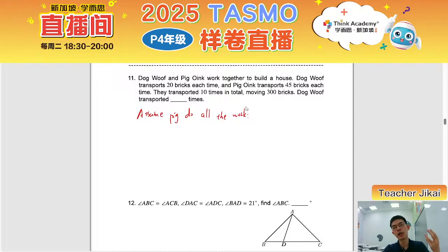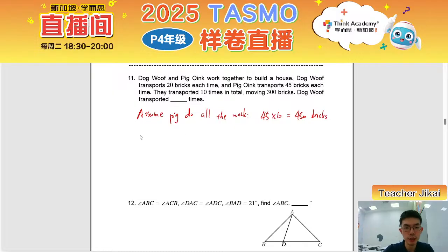So they transport 10 times in total. If Pig Oink does all the work here, how many bricks will be transferred? 1 time 45 bricks and 10 times in total. Yes, we have 450 bricks being delivered.